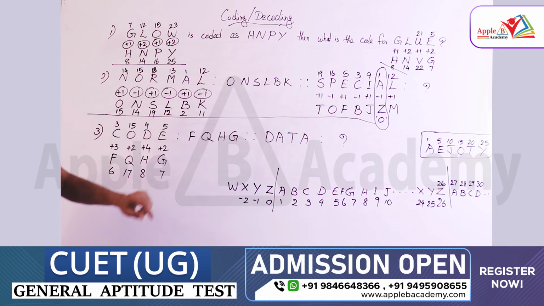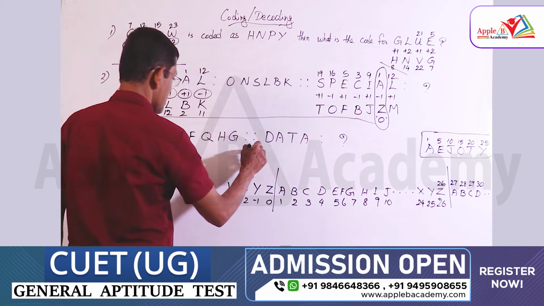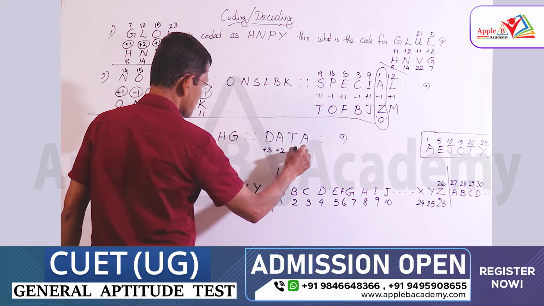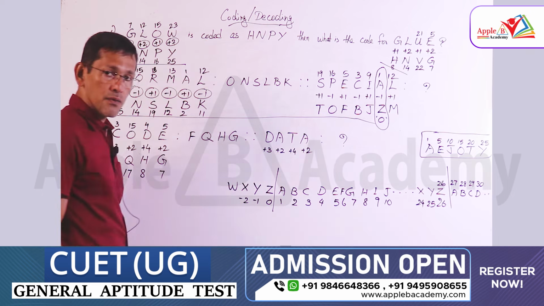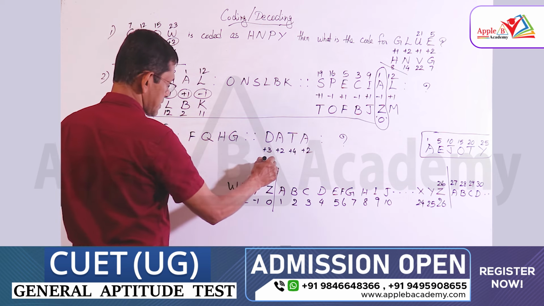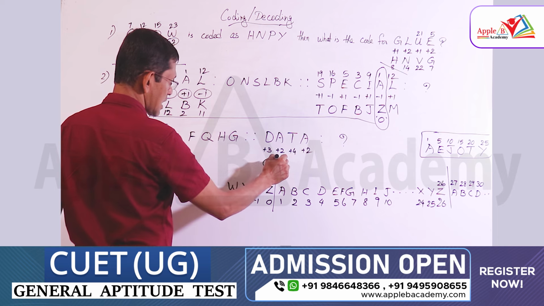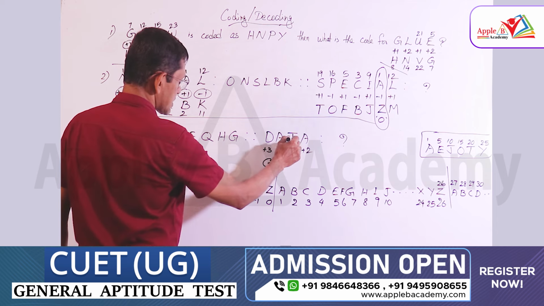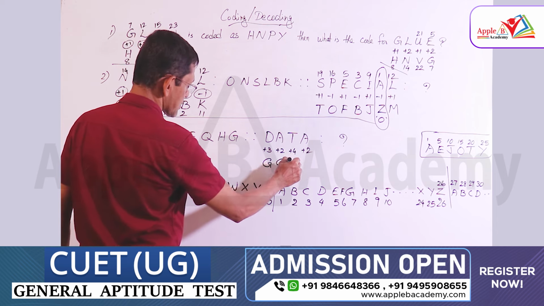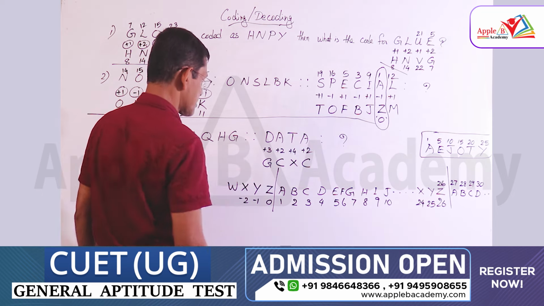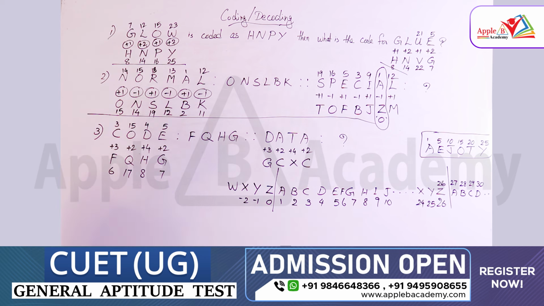And if you apply the same pattern, plus 3, plus 2, plus 4, plus 2, what kind of an answer can we get here? D plus 3, G. A plus 2, A is 1, 1 plus 2 is 3, so C. And T plus 4, T is 20, 20 plus 4 is 24, X. And A plus 2, A is 1, 1 plus 2 is 3, C. So GCXC.